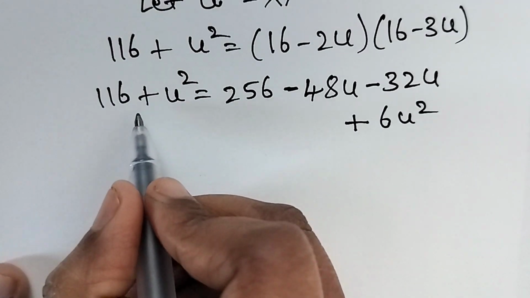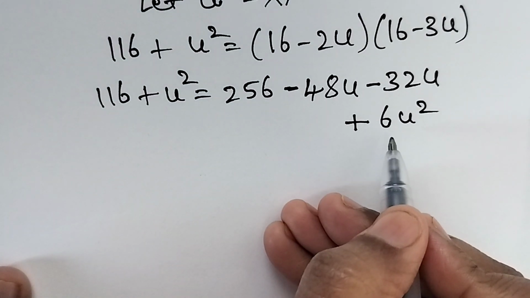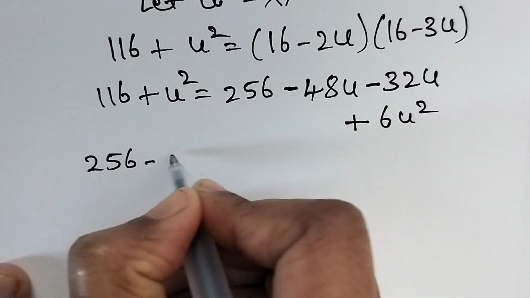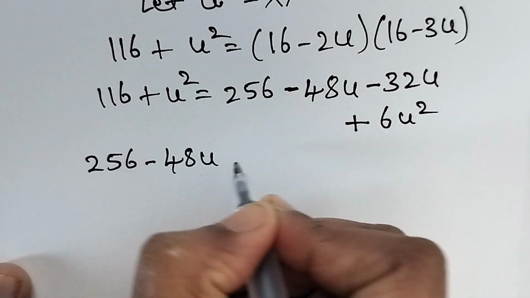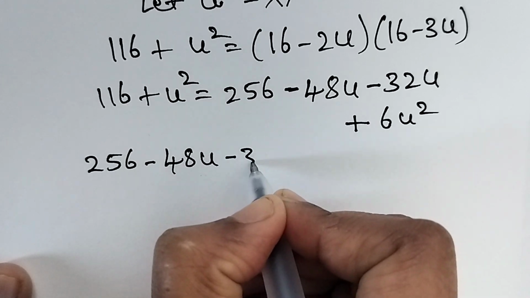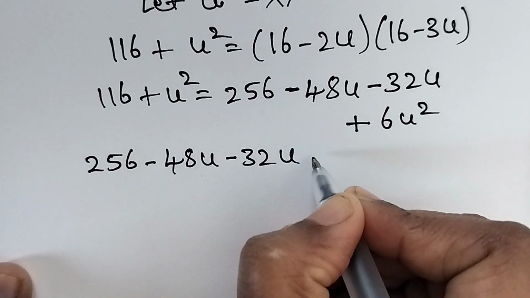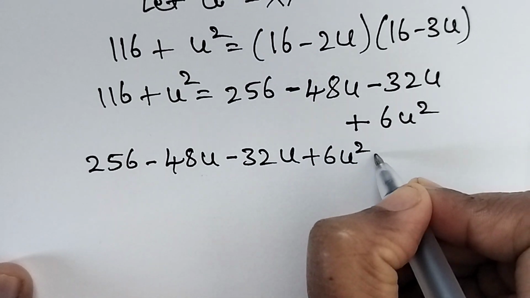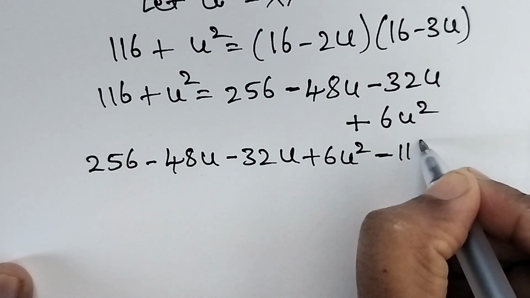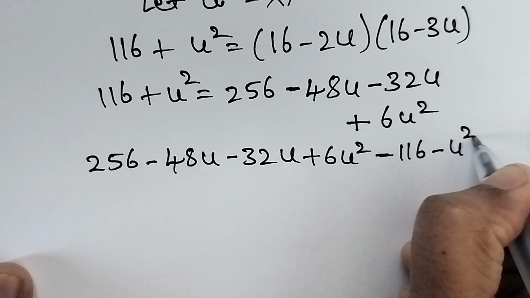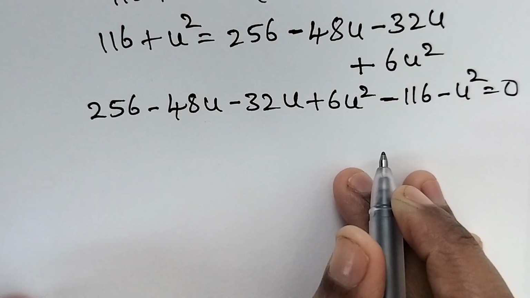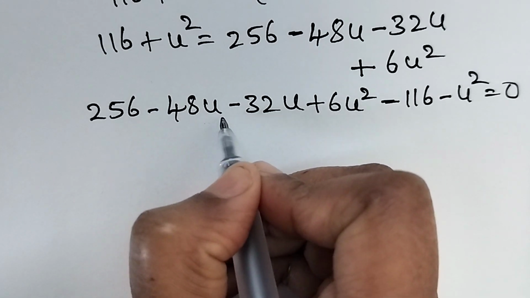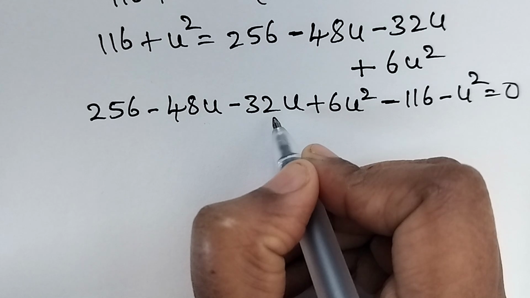So now just move this term to the right side. Now it will be 256 minus 48u minus 32u plus 6u square, so minus 116 minus u square is equal to 0. So now here we have minus 48u and minus 32u.